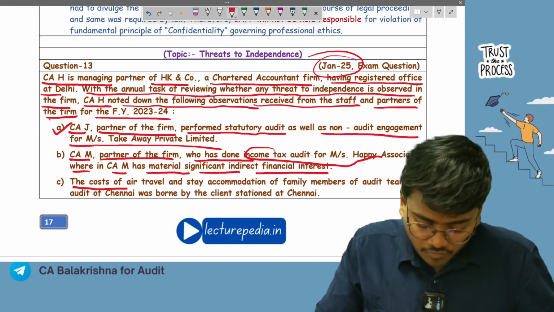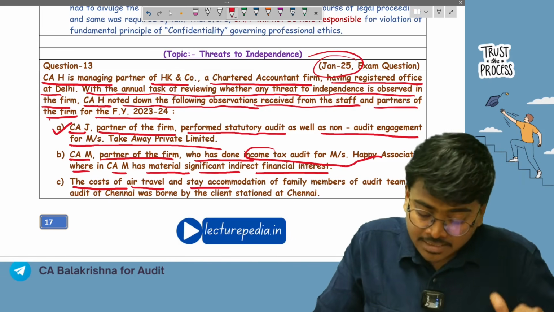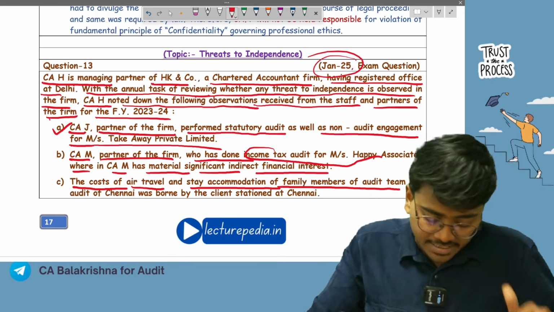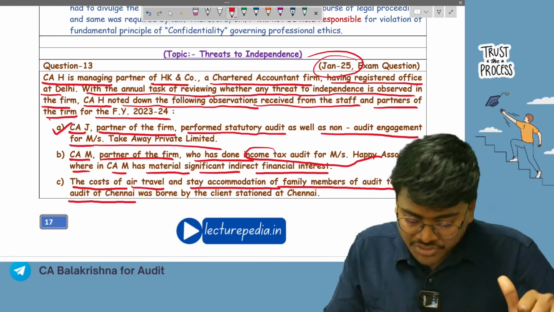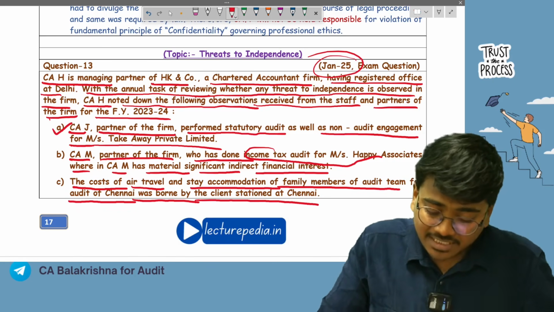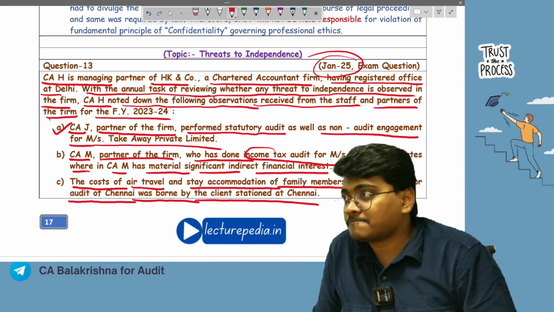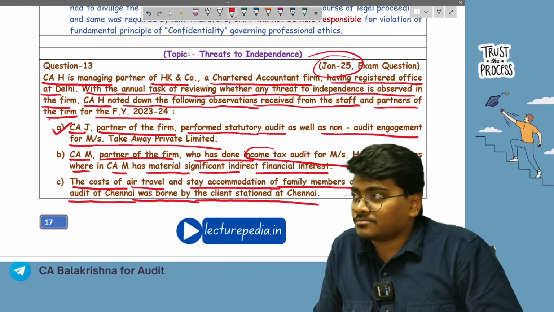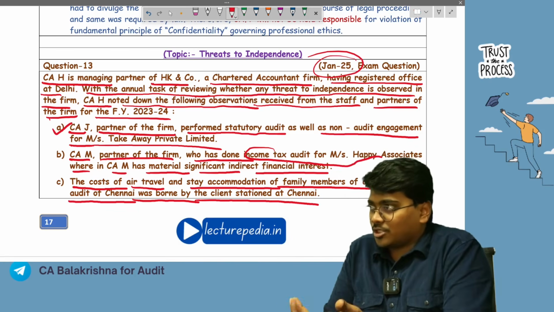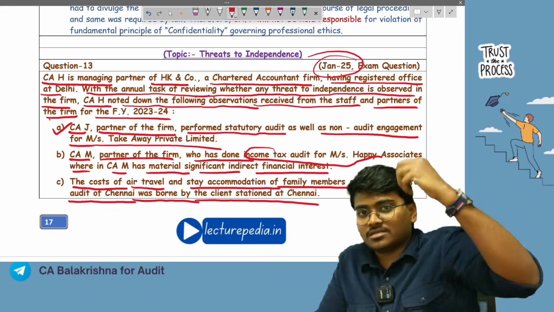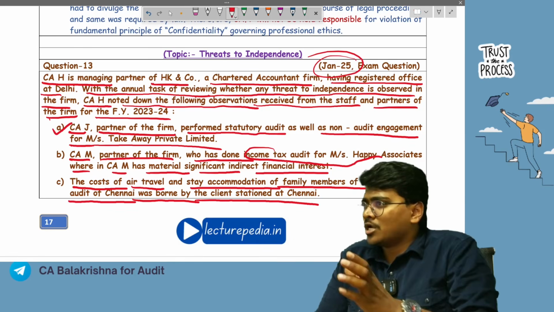The cost of air travel and stay accommodation of family members of audit team for audit of Chennai was borne by the client stationed at Chennai. How could it be intimidation? Familiarity threat, because here auditor is going for an audit of the client and the client is situated in Chennai.